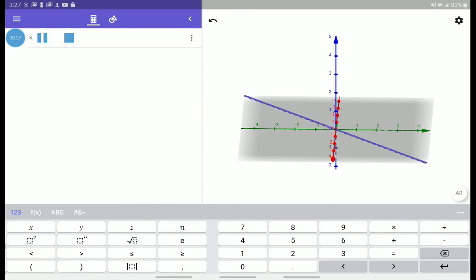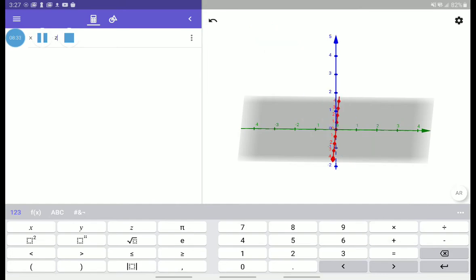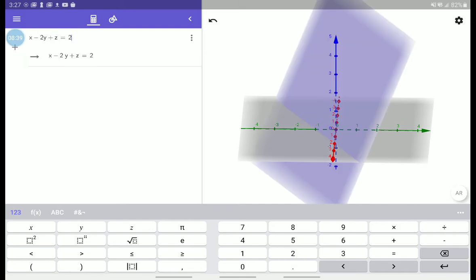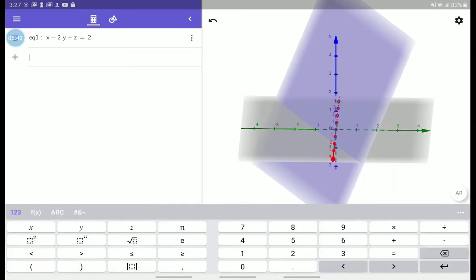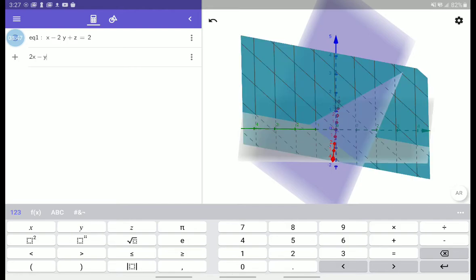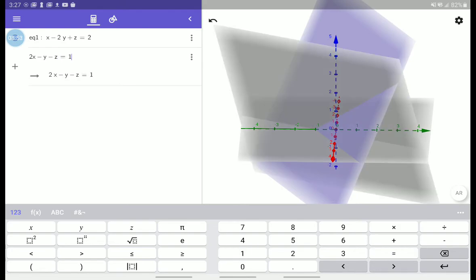We have x minus 2y plus z is equal to 2. So there's our first plane. And then we have 2x minus y minus z is equal to 1, and there's the second plane.